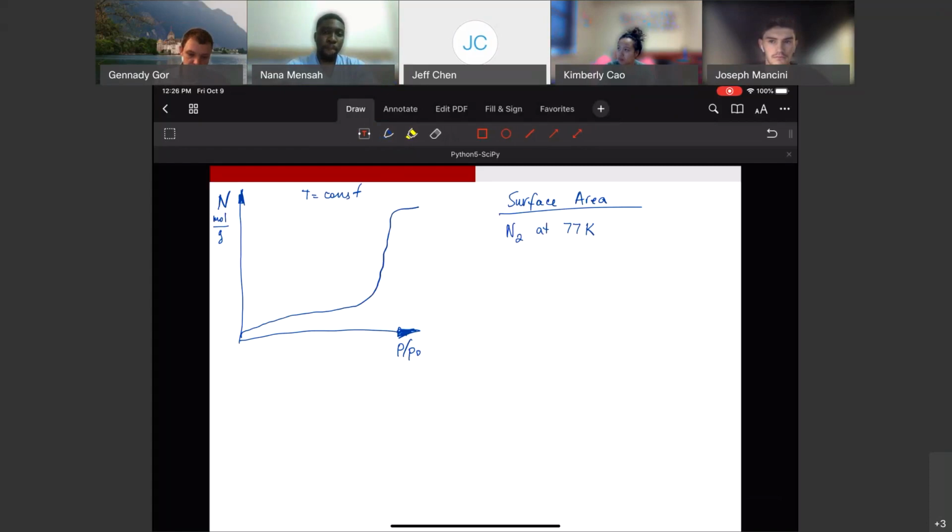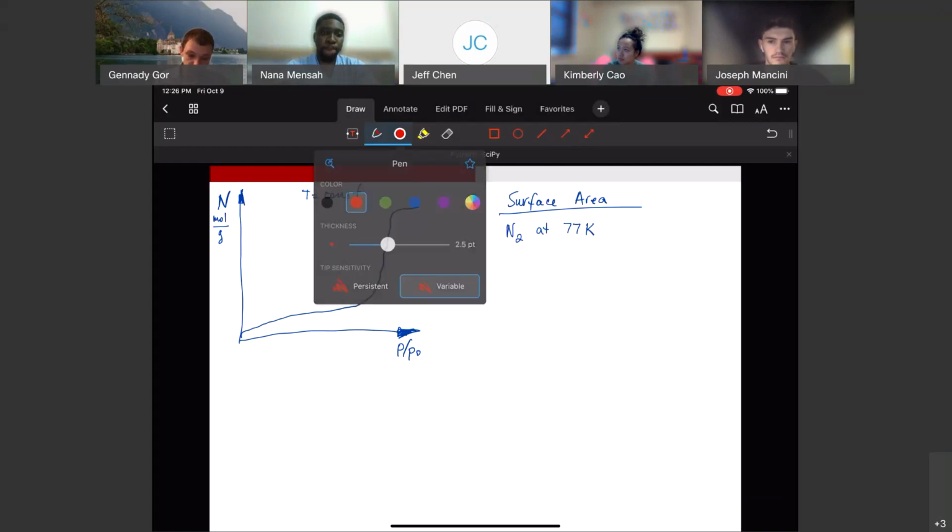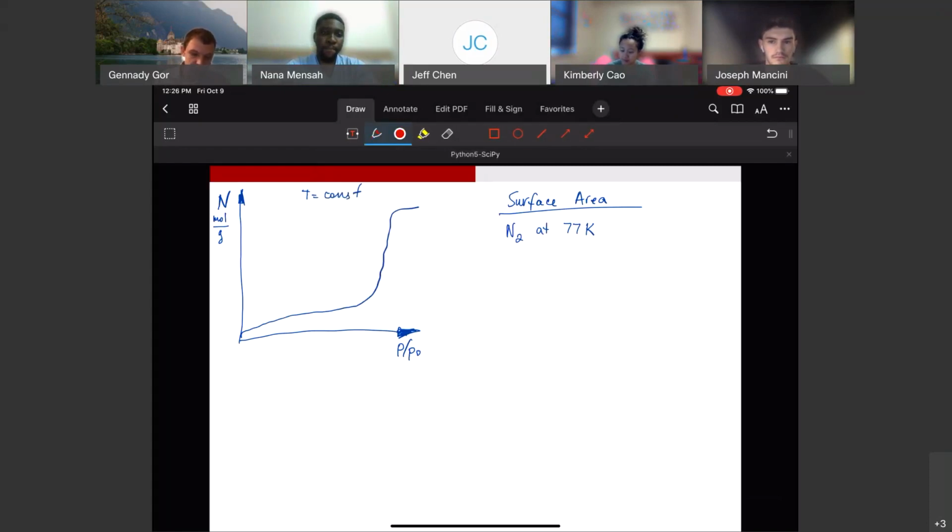Sometimes the curves look somewhat different depending on the pore sizes in the material and the pore structure. It can look like that, or let me take a different color, it can look like this, and desorption would give you hysteresis.